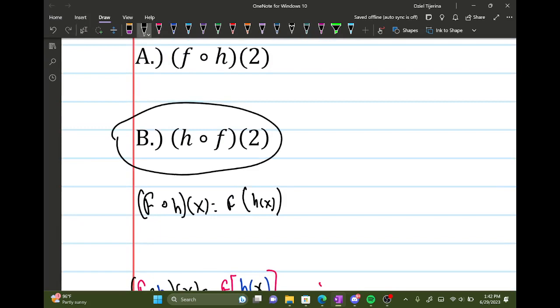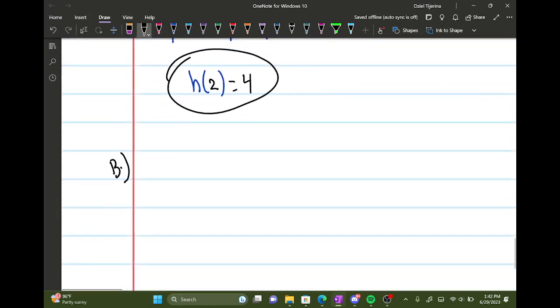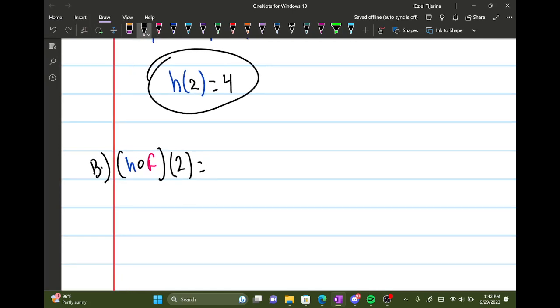So this is part B. We want to do h composited of f, and then of 2, right? So this means we're going to do h of f of 2. So that is basically, we're just applying that formula.